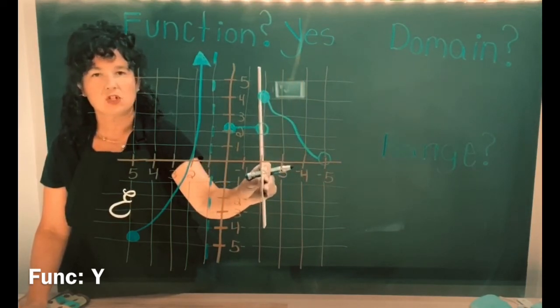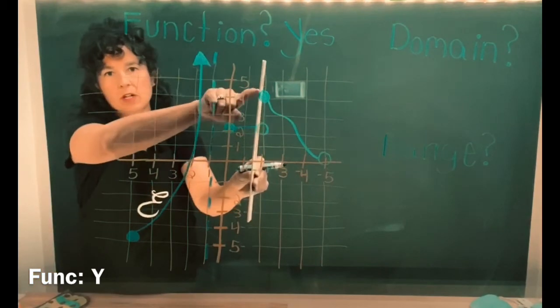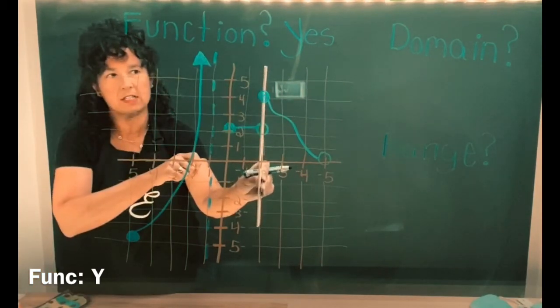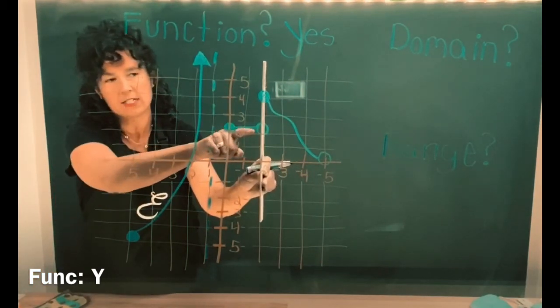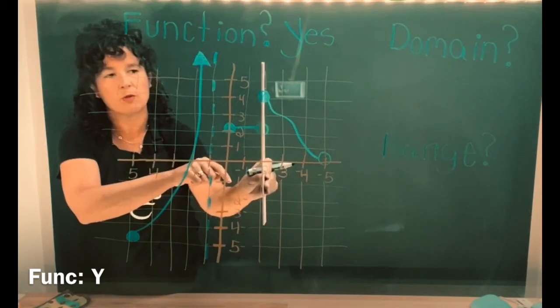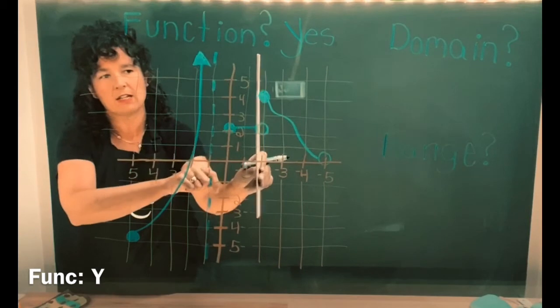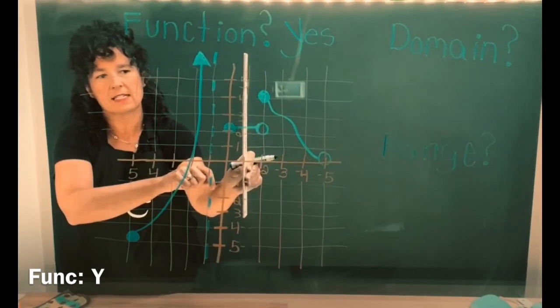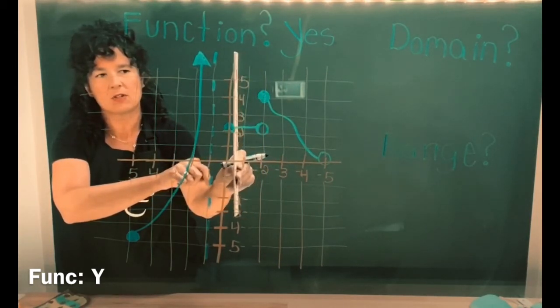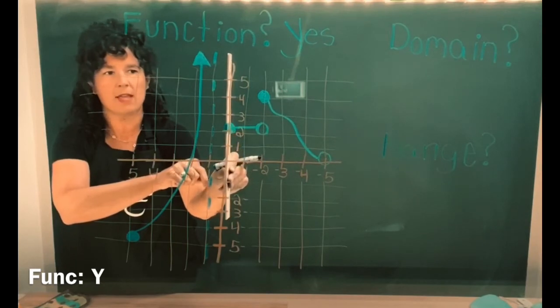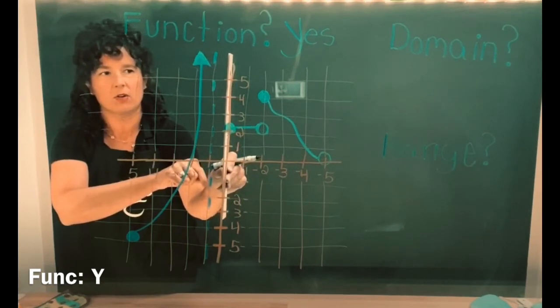At negative 2, we are still in contact. We're in contact up here on that solid dot, even though we're not in contact here. But as soon as we move past negative 2, we're on this horizontal line, so we're still in contact. And we lose contact right there at 0.